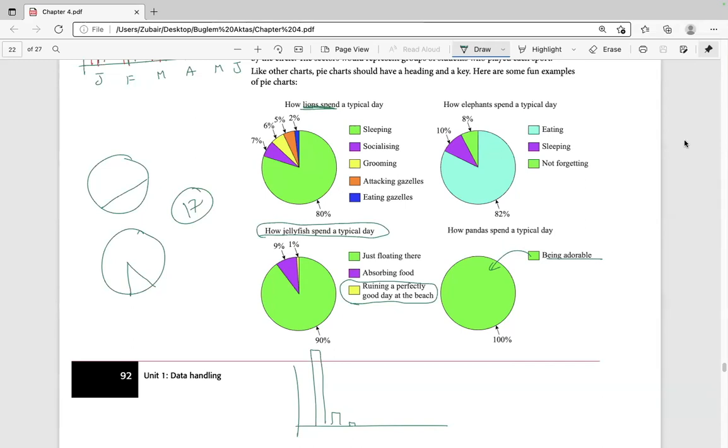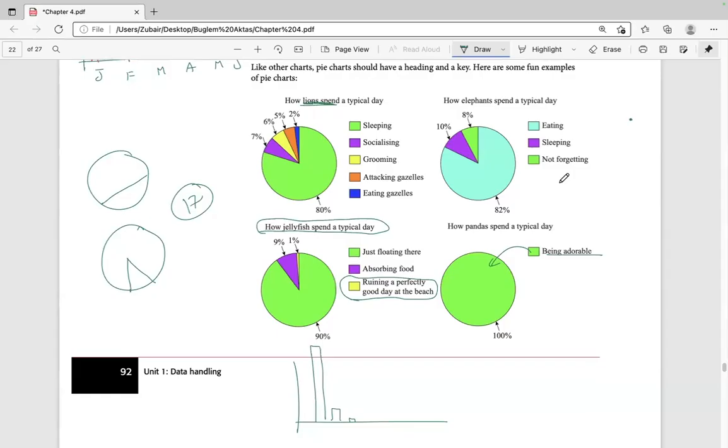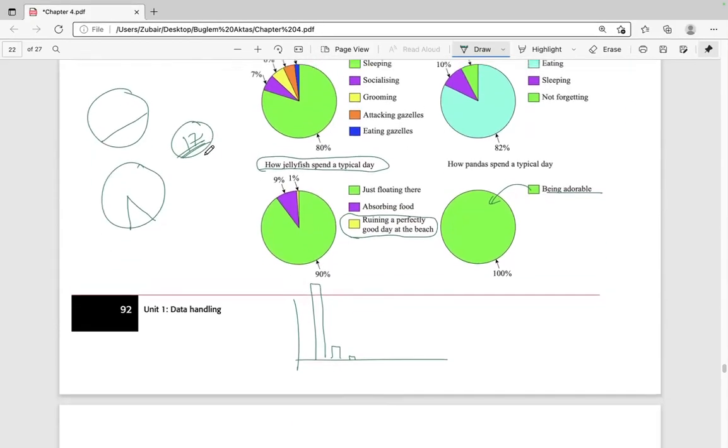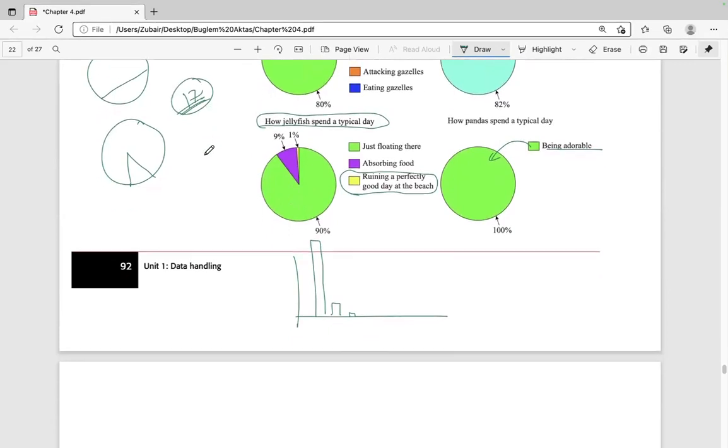No, I don't think so. That's right. So it is a choice that depends, firstly, on personal choice. Secondly, it depends on what type of data it is, how extensive the data is. As I just mentioned, with 17 different sectors it would be very hard to label and show them. It would be better if we draw a graph or bar charts for that.